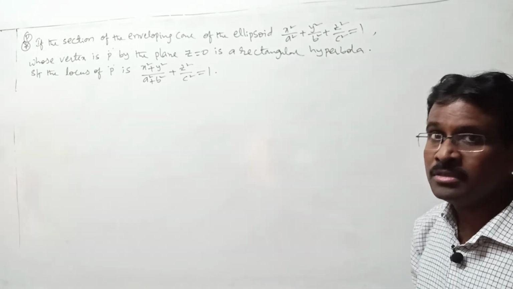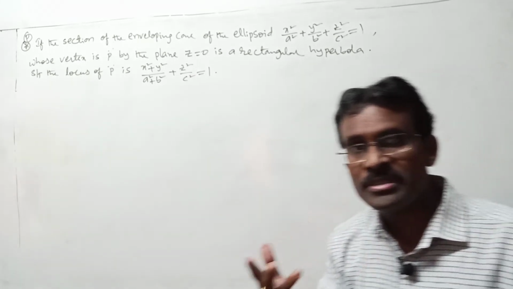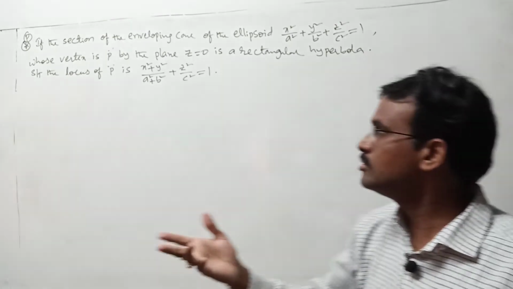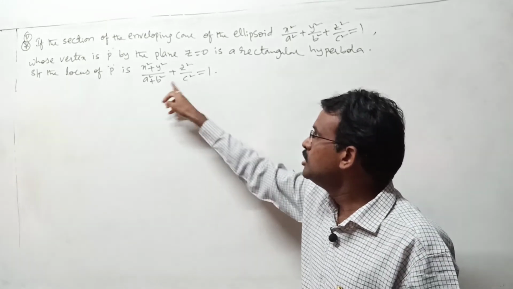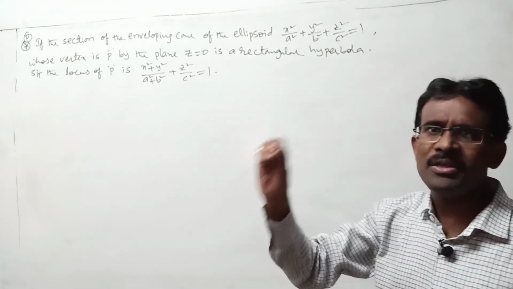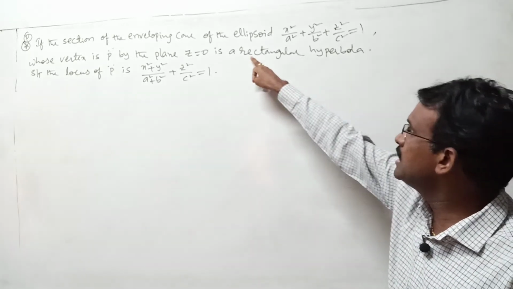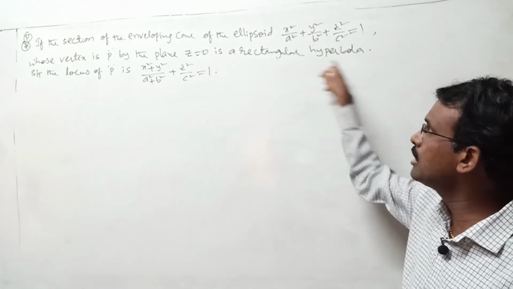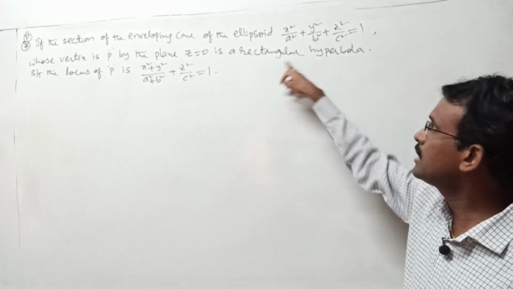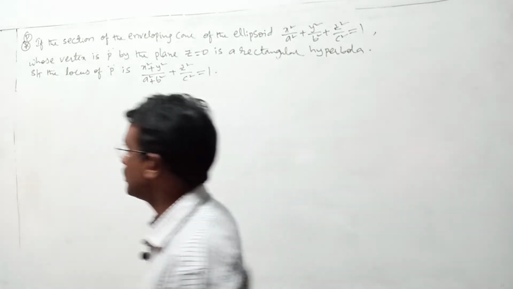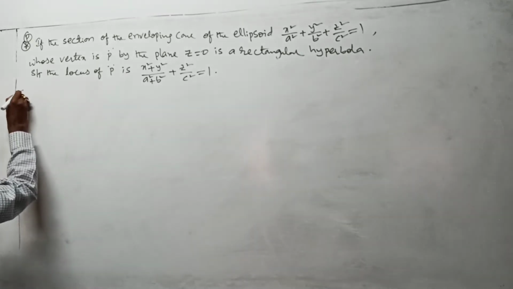After getting the result, take the coefficient of x square plus coefficient of y square equal to 0 and then from that you get the locus of P. It is similar to the previous problem. There the circle was there, now in this question we have a rectangular hyperbola. That is the only difference. The procedure is the same.